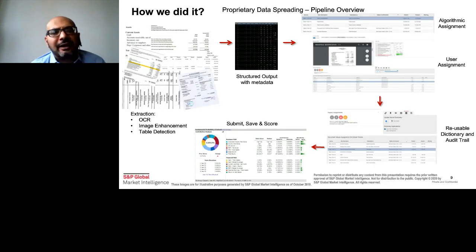At a high level, it's quite simple. Even from the prior process examples, we already have a method to do optical character recognition, image enhancement and table detection, so we can convert this mess into a structured metadata output. We also deal with multiple languages.